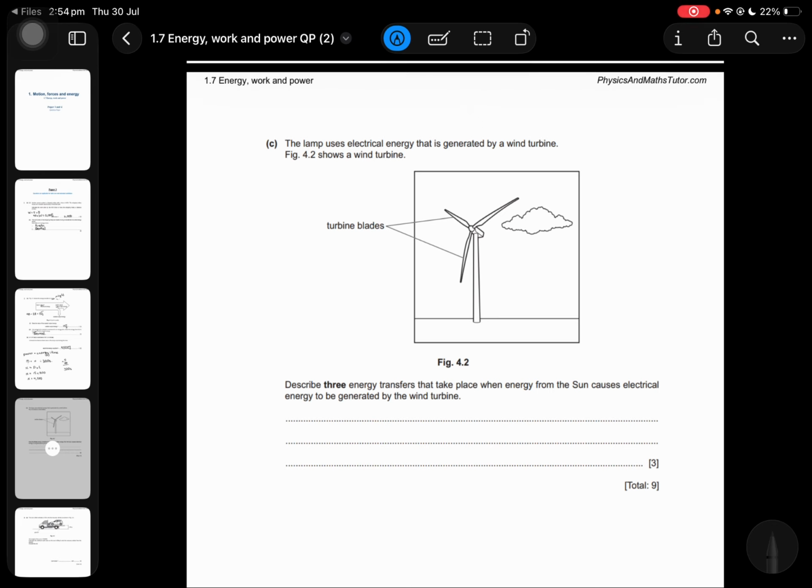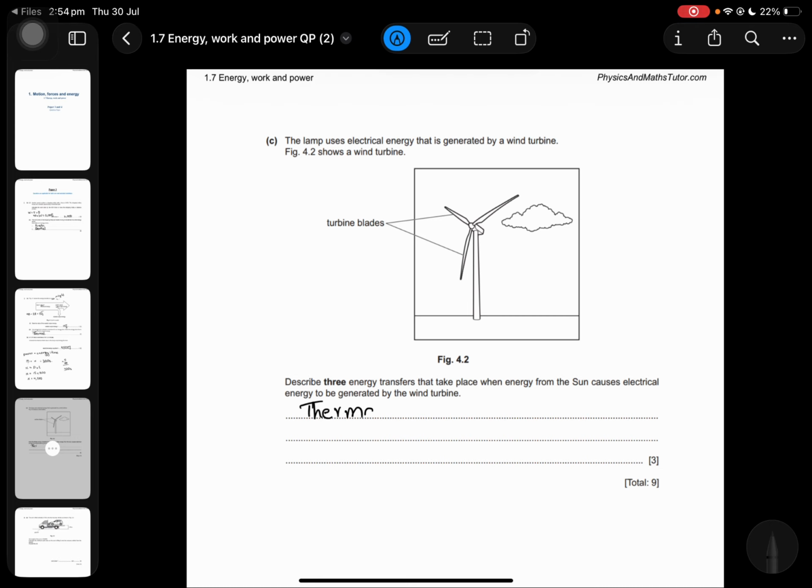So first it can be the sun's energy, which is thermal energy, into the kinetic energy of the wind, into the kinetic energy of the turbine blades, so the turbine spins, and the turbine spinning transfers to the kinetic energy of the generator, and then the generator transfers the kinetic energy into electrical energy. So it can just be electrical energy.